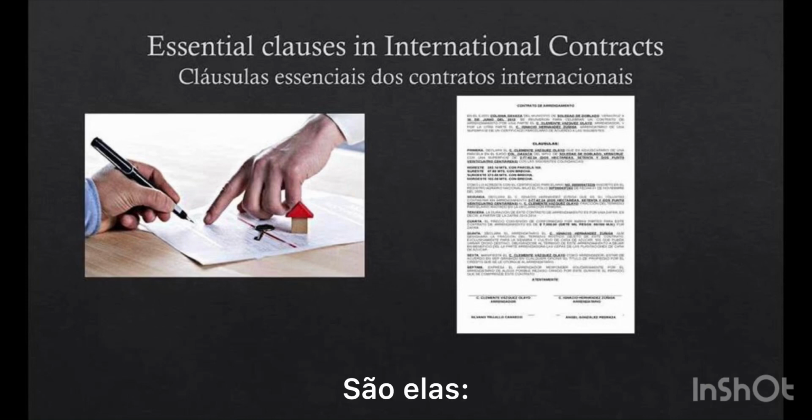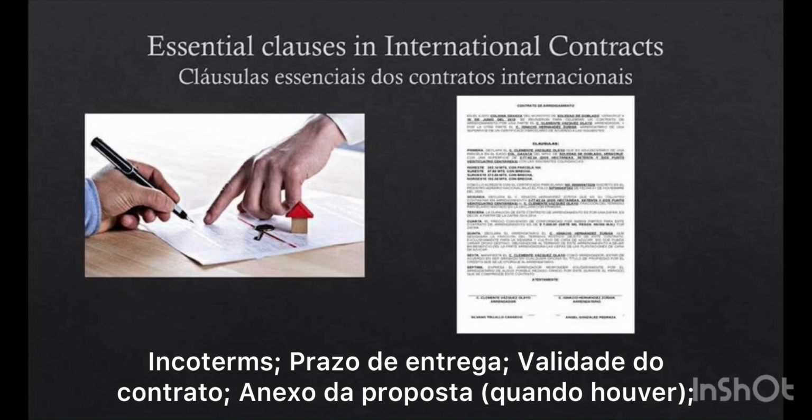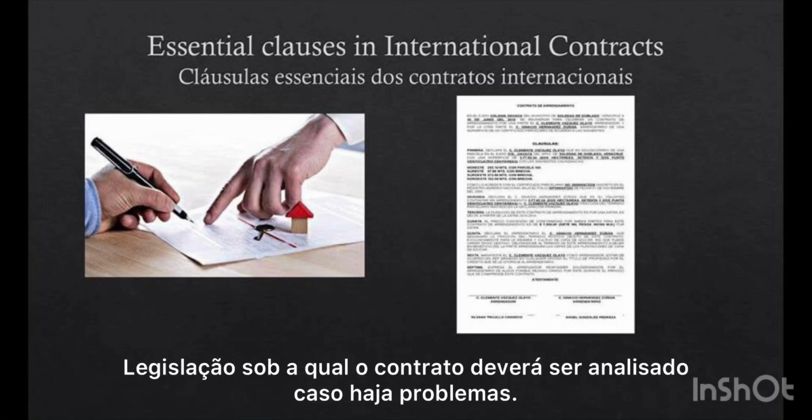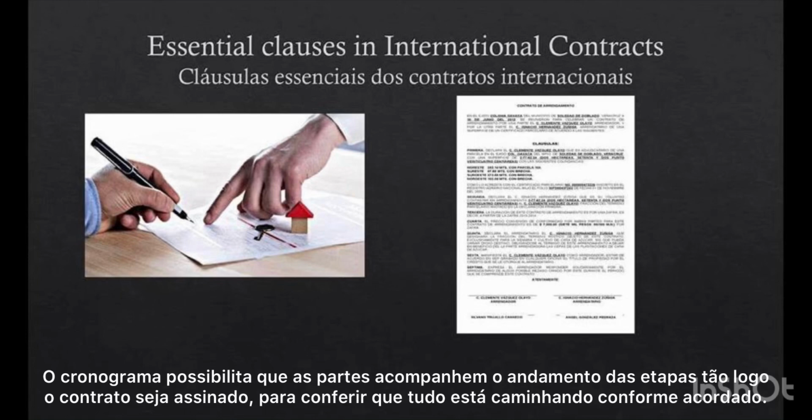They are income terms, deadline for delivery, validity of the contract, attachment to the proposal, if any, schedule, estimated time of arrival, delivery date, etc. Legislation under which the contract should be analyzed if there are problems. The schedule allows the parties to follow the progress of the stages as soon as the contract is signed, to check that everything is going as agreed.